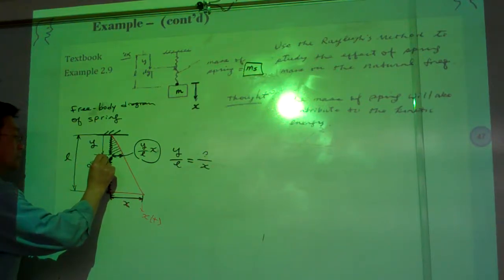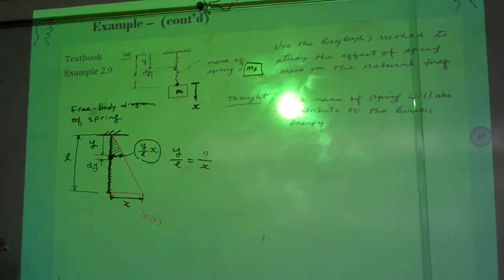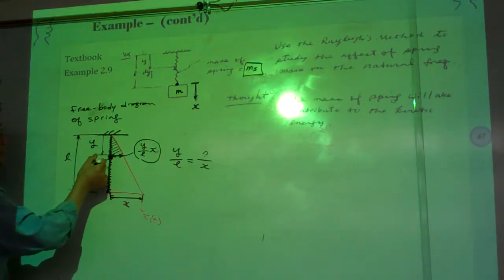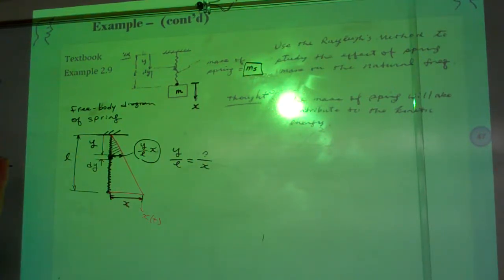Right now we have that, so we can begin to add it up. That is a small mass of the spring, and it is going to vibrate, so it's going to have kinetic energy. That little amount of kinetic energy must be added up to the whole mass there.